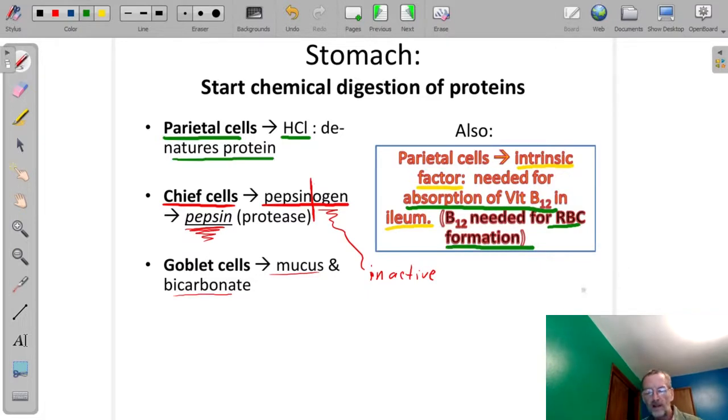So, in elderly people, the parietal cells don't produce as much intrinsic factor as they used to.